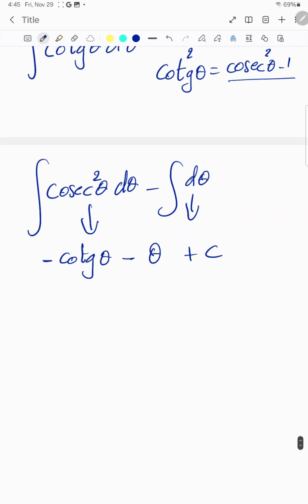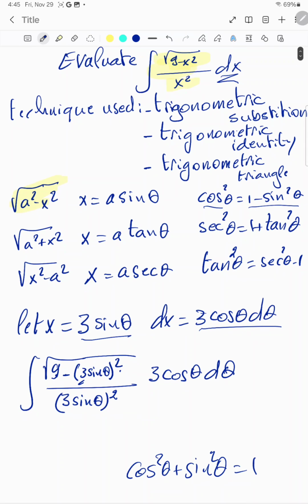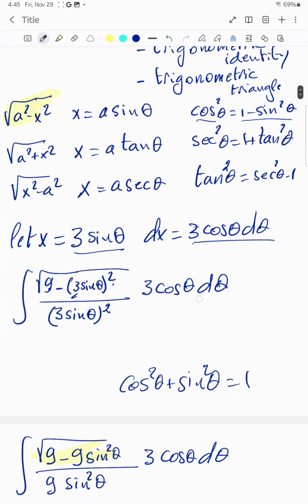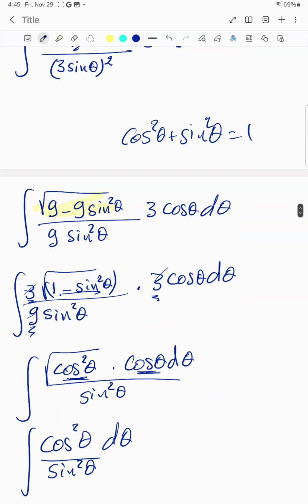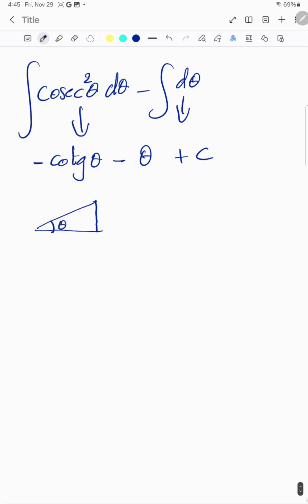So now if I want to draw my trigonometric triangle, this is my theta. And as we took here, we took x equal to 3 sine of theta. So I will write it here, x is equal to 3 sine of theta.